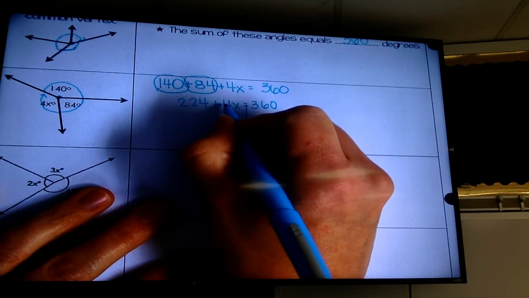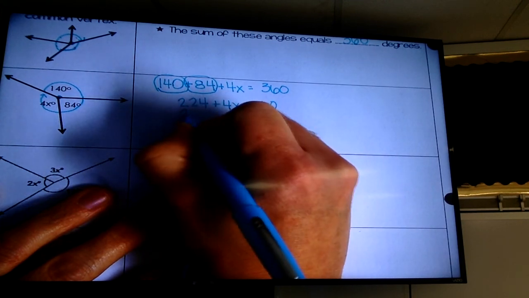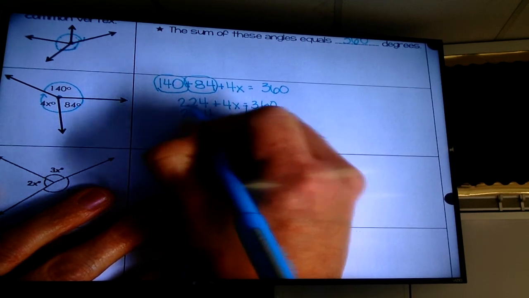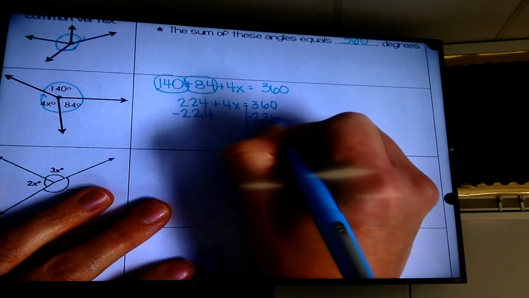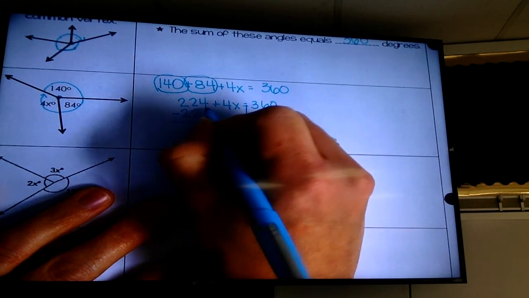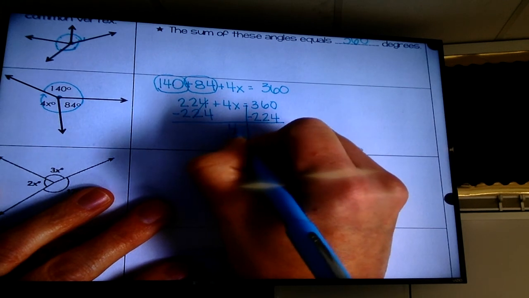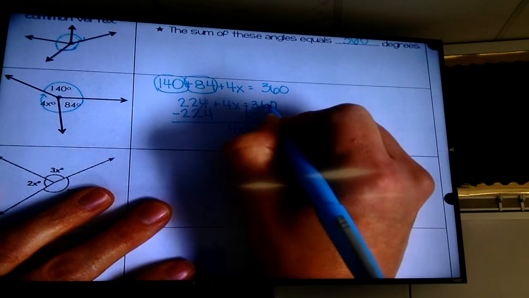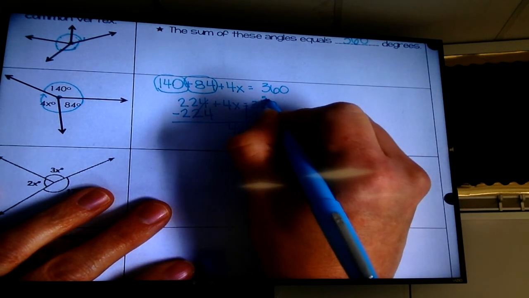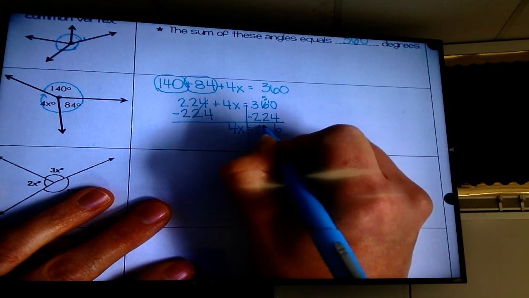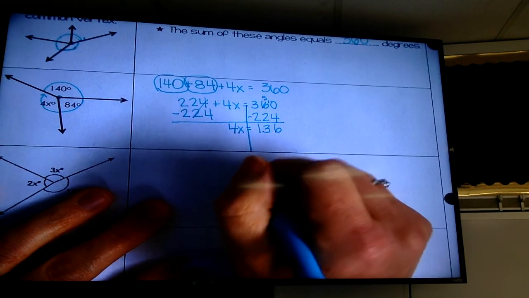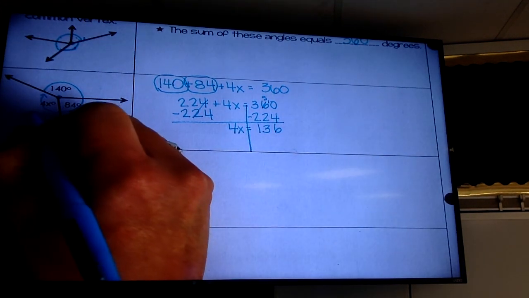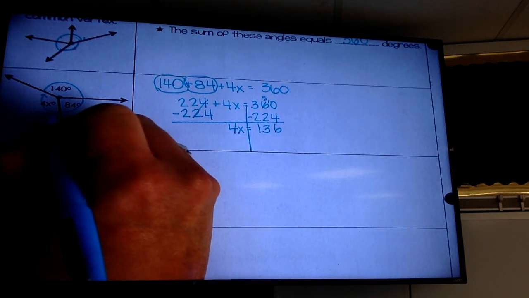Here's my x, the 4 is with it, so I want to deal with this 224 first. It's a positive 224, so I'm going to subtract 224 to get rid of it. That leaves me 4x equals, I'm going to borrow here, 136. So I know this angle right here is worth 136 degrees.